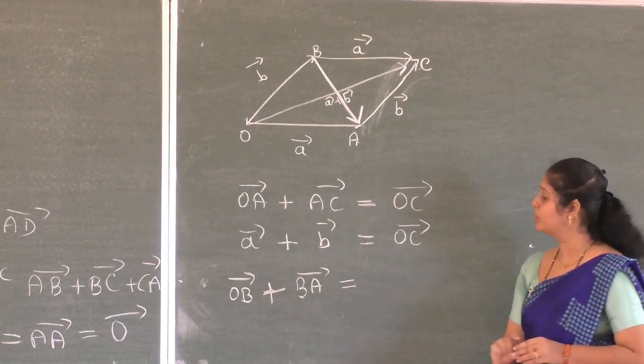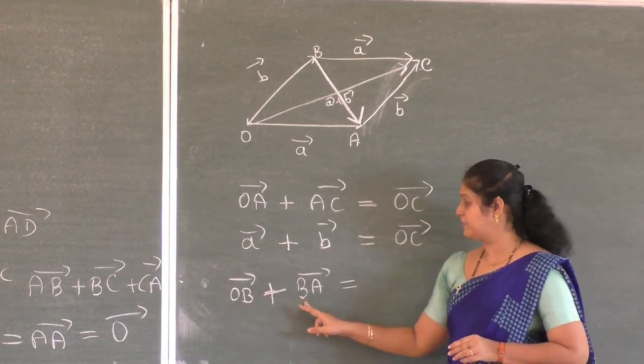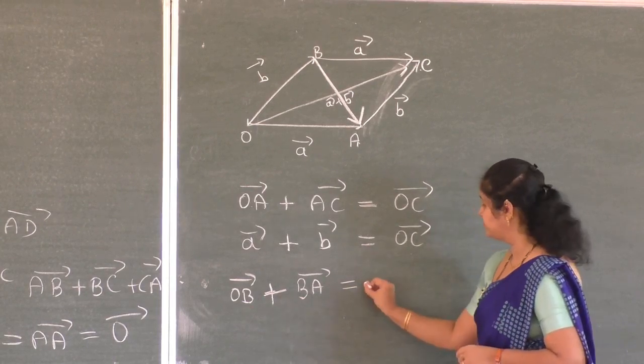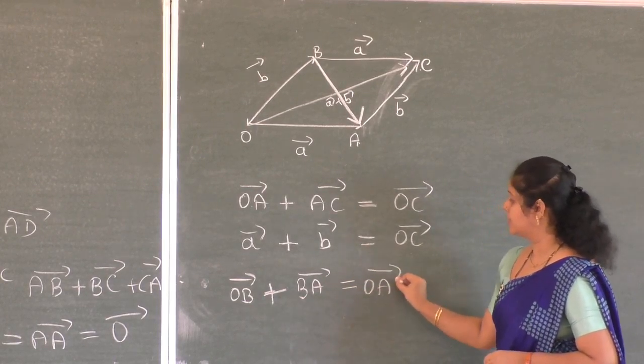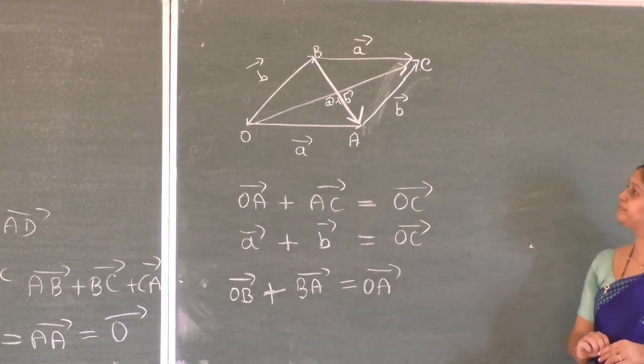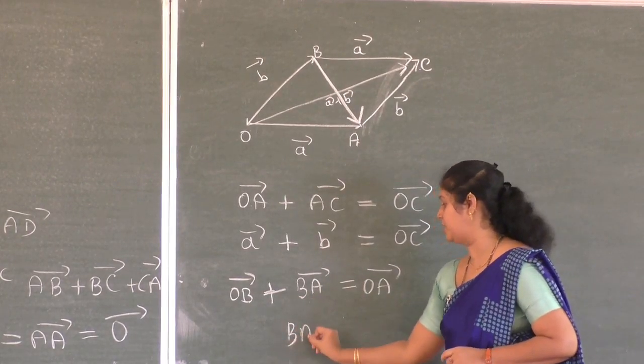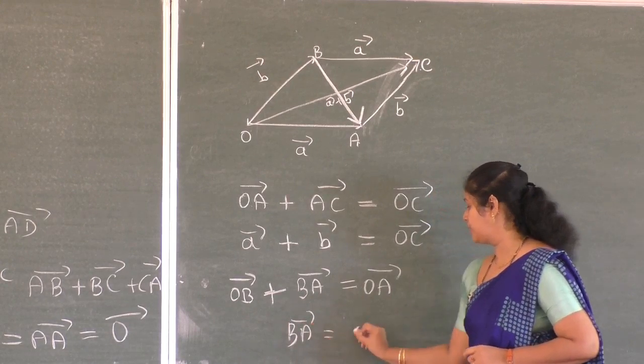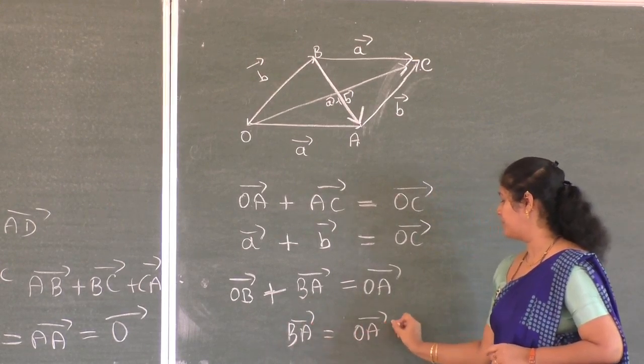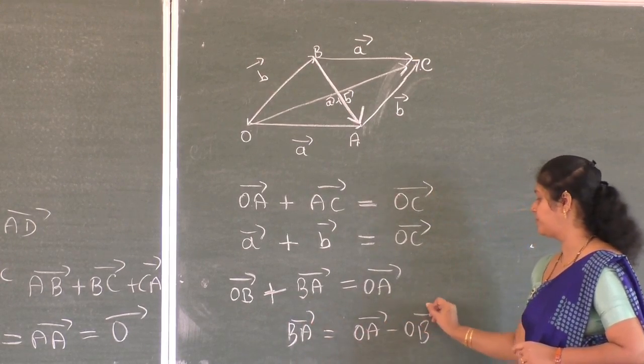This is equal to, so the initial and terminal points will coincide, vector OA. That means vector BA is vector OA minus vector OB.